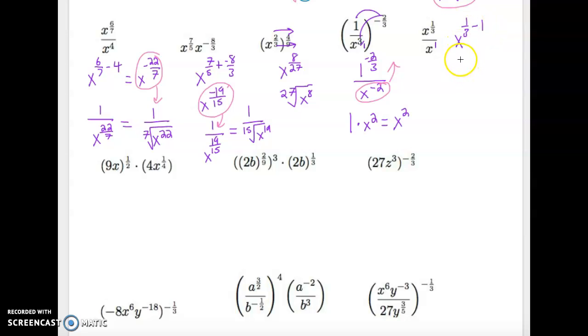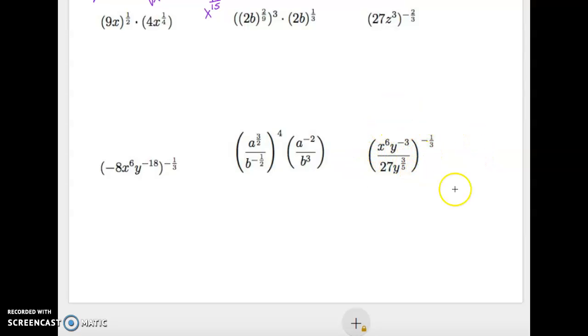If you do that in your calculator, 1/3 minus 1, and then math, enter, enter to change it back to a fraction, we get x to the negative 2/3. That's living on the wrong side of the fraction, so I'm going to move it down to the denominator. So it'll be 1 over x to the positive 2/3, and then I can simplify it as my radical, power over index. So x squared, and the index would be cubed.